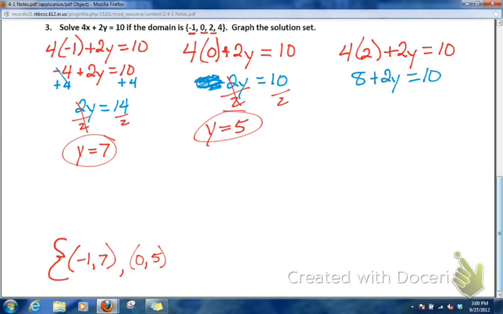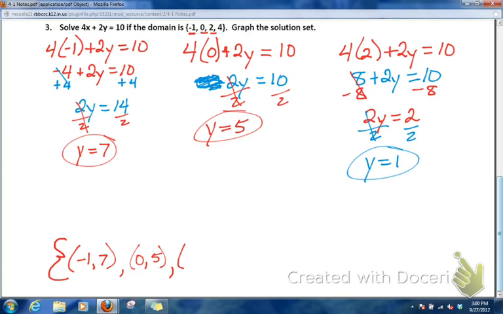Now again, I'm going to go through my solving equations steps: subtract 8 on both sides, 2y equals 2. Last step is to divide by 2, and y equals 1. So we have, for the third problem, the ordered pair 2, 1.